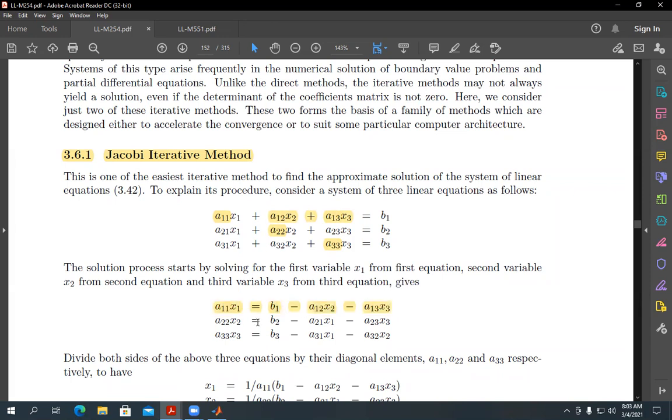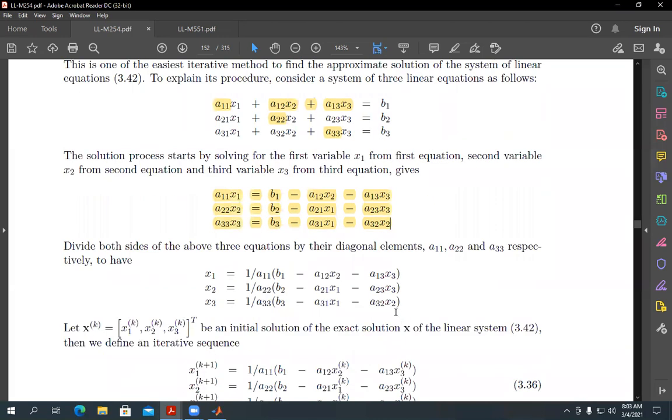Then you divide by your diagonal element. Therefore, I told you the diagonal element should not be equal to 0, because if the diagonal is 0, it comes in the denominator, and we always say the denominator should not be equal to 0. So we find the values of x1, x2 and x3 from the first, second, and third equations respectively.